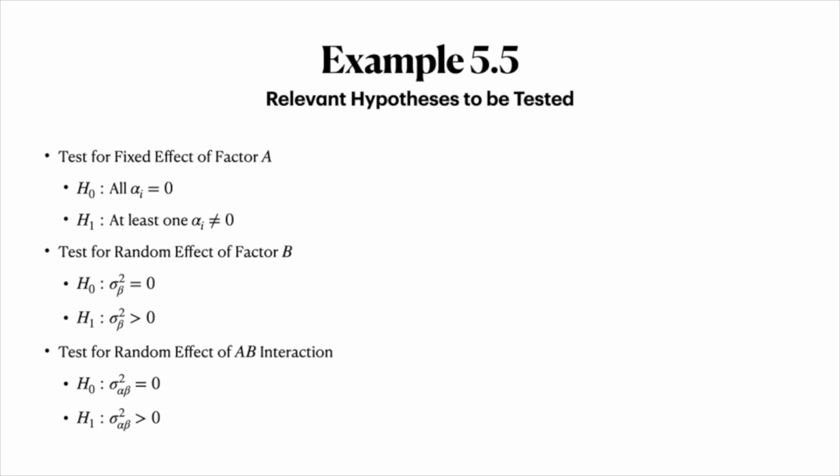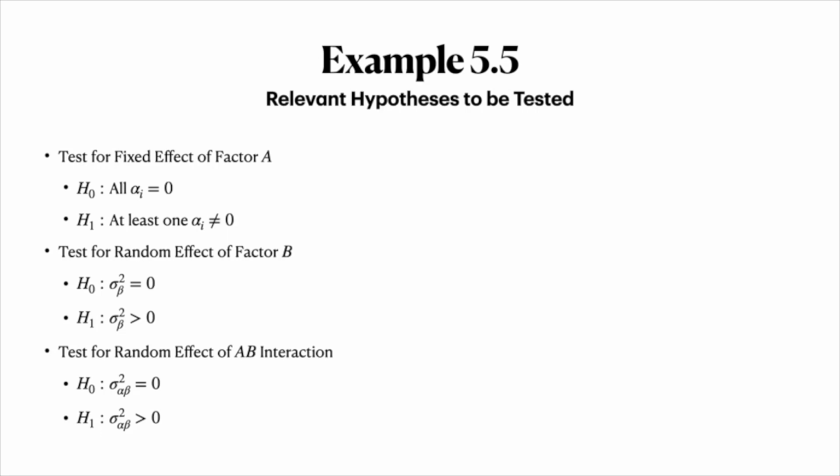And then finally, the third test is the test for the random effect of the AB interaction. Because at least one of factor A and factor B is a random effect, the interaction term is a random effect as well. The null hypothesis, which essentially states that there is no interaction between A and B, is expressed in terms of the variance of the random effect of that interaction.